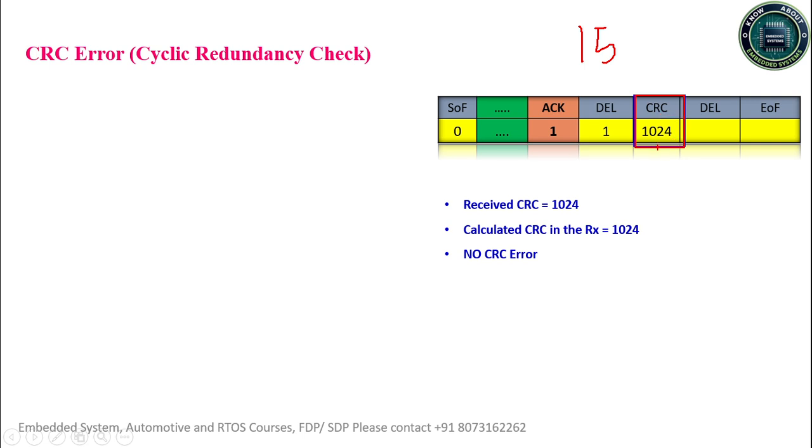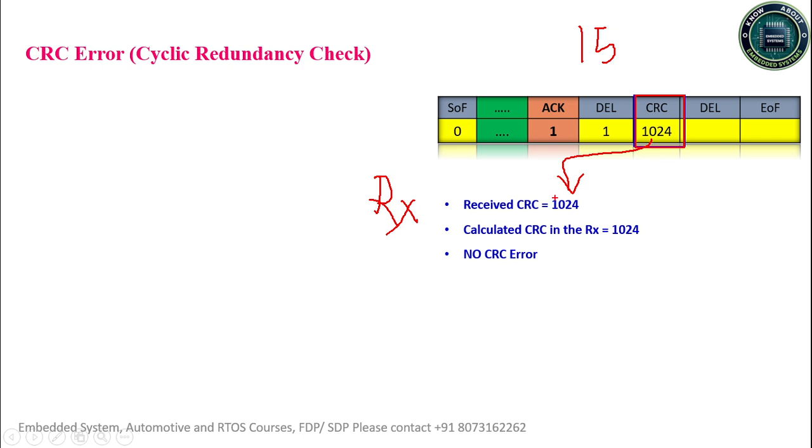There will be some mechanism, some calculation logic, and using that logic we will be adding the CRC field with a 15-bit value. Now let us consider that whenever you receive any data, let us assume the received CRC is 1024.